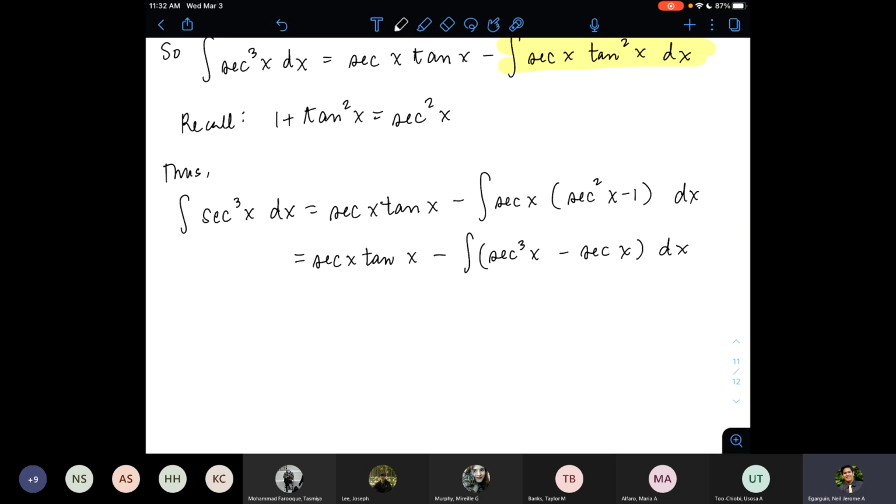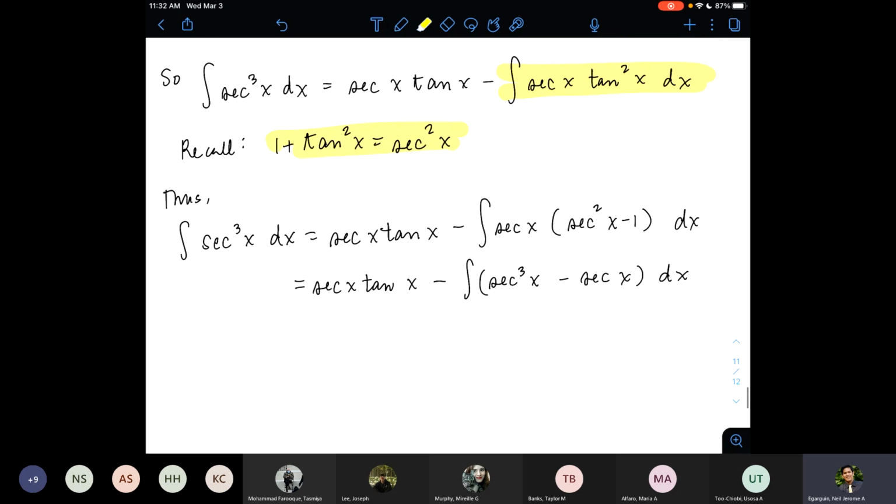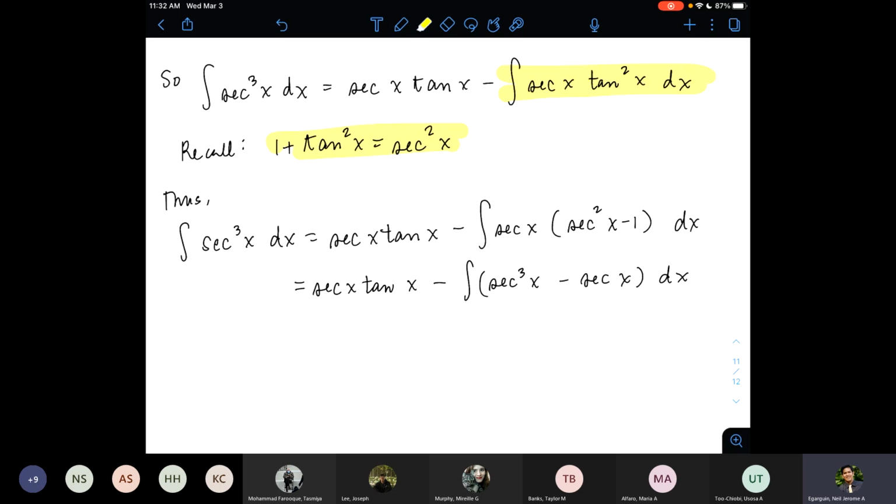All right. And the reason why I decided to use this identity here is that we're computing the integral of secant cubed, and here we have repeated that integral, right? So you will have a secant cubed x again after applying integration by parts.